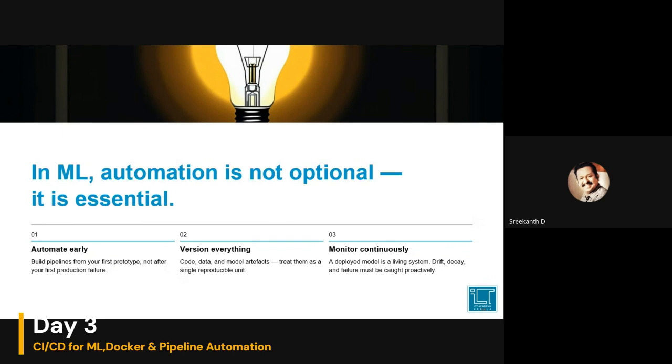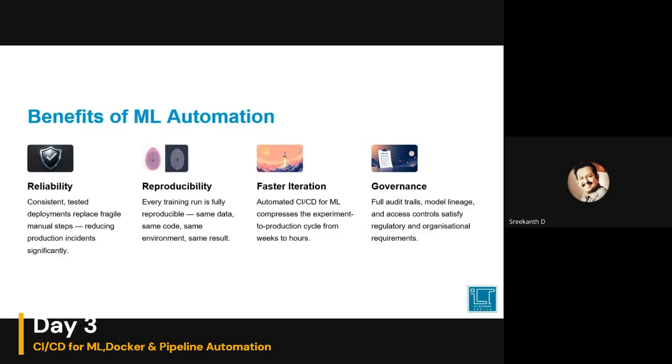So that is an understanding regarding the role of data scientists and ML engineers here. If you think about the benefits, automation provides reliability, reproducibility, faster iteration, and governance.